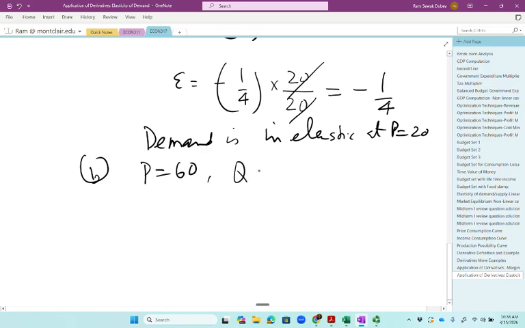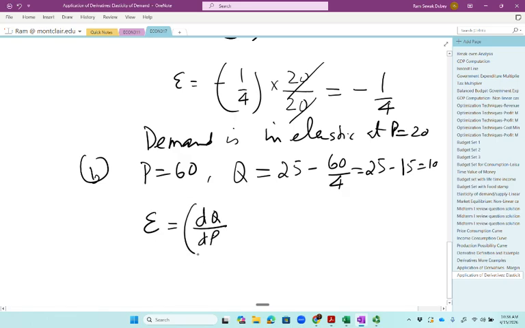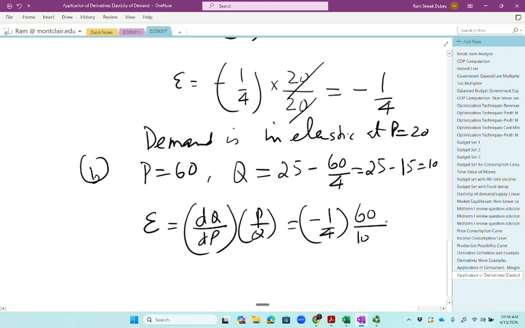Again, I can go back to compute the quantity demanded, 25 minus P 60 over 4, 25 minus 15, this turns out to be 10, and so the elasticity, the derivative of Q with respect to P times P over Q, negative 1/4 times P 60 over Q 10, this is minus 60 over 40, elasticity turns out to be negative 3 over 2.